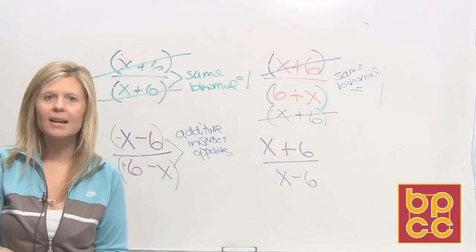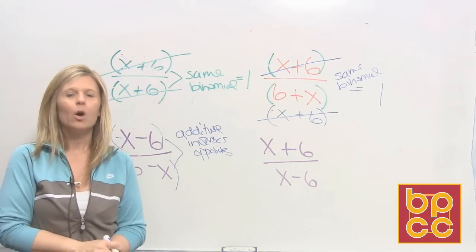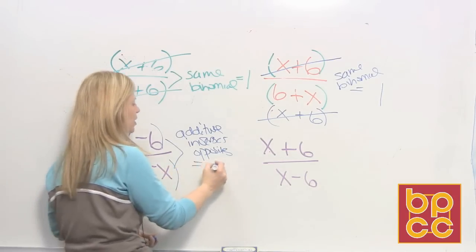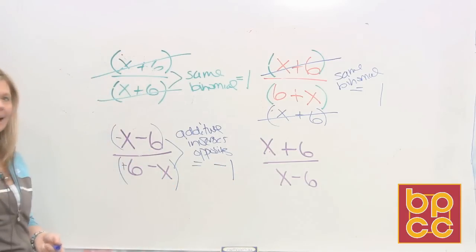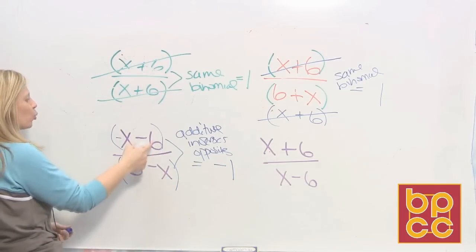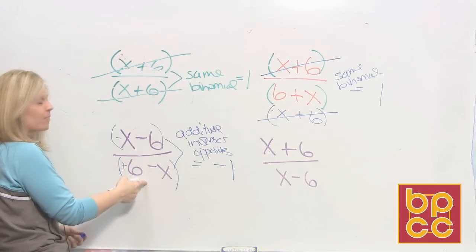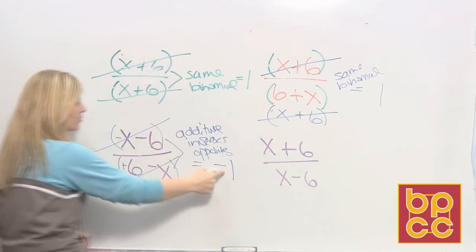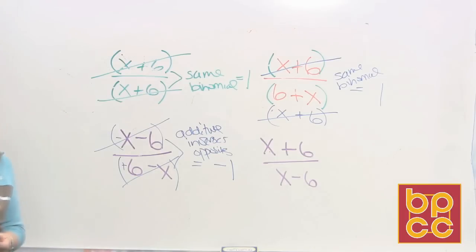It is negative 1. So we have a rule. When you divide opposites, additive inverses, your answer is going to be negative 1. In algebra, you have got to recognize that these binomials are additive inverses, and when you divide them out, the answer would be negative 1. So you're looking for patterns.